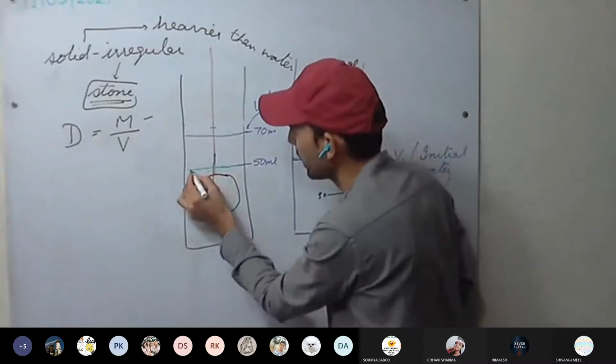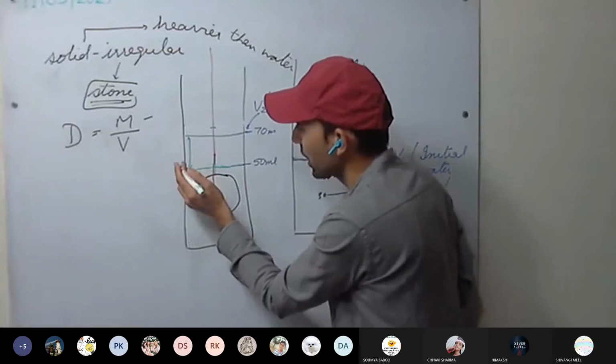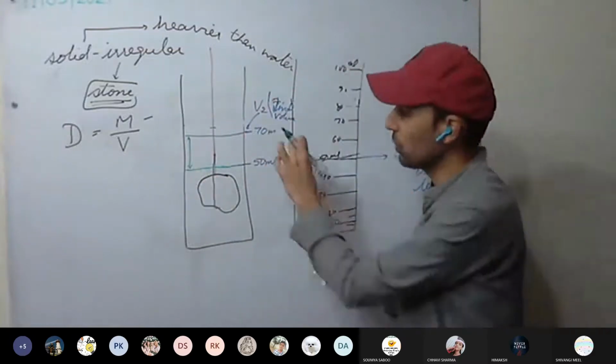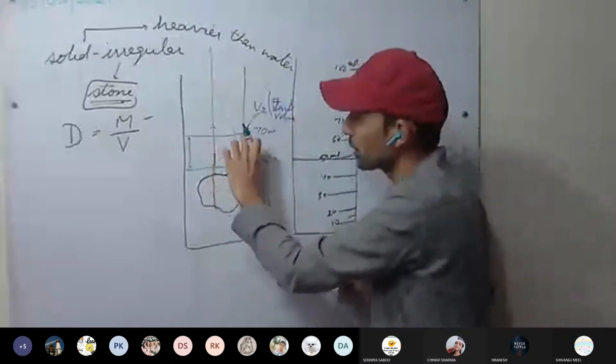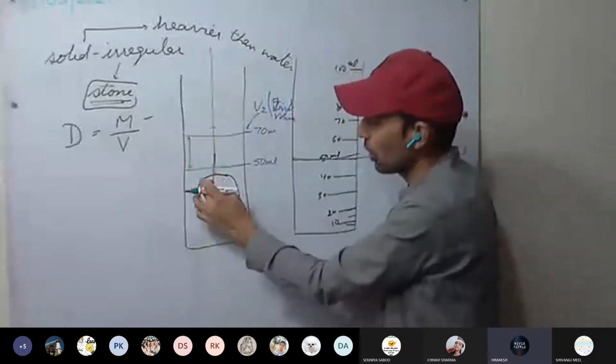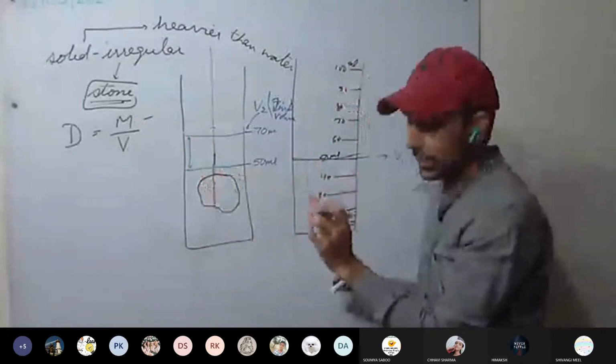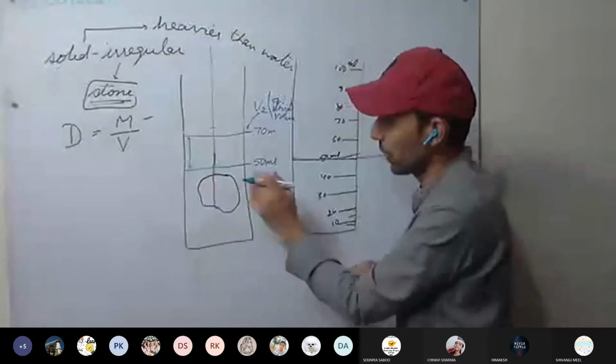You can see this much water has moved from its position. So the volume of this displaced water is the same as the volume of the stone.